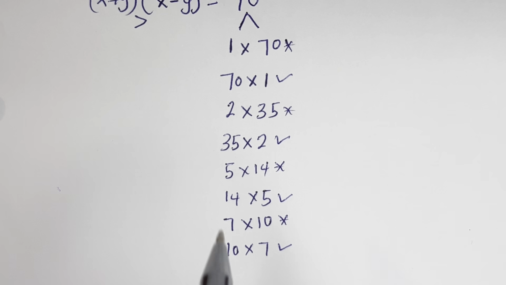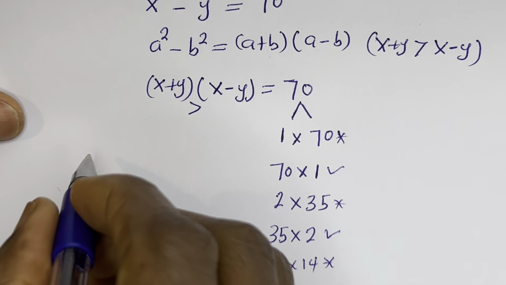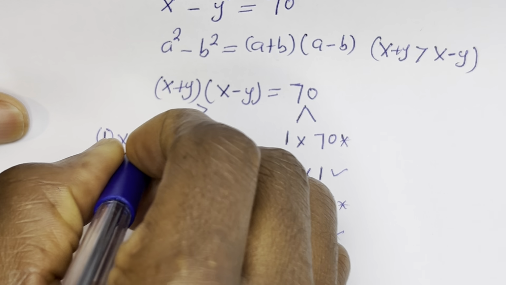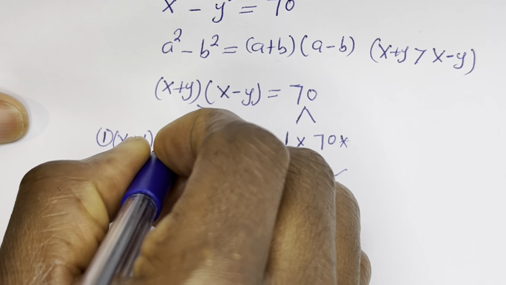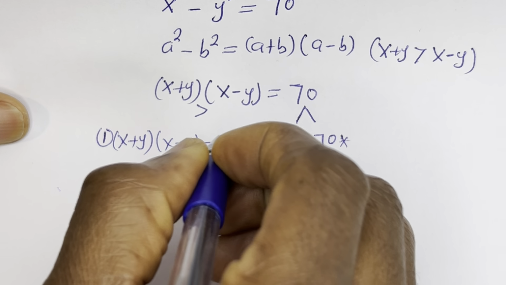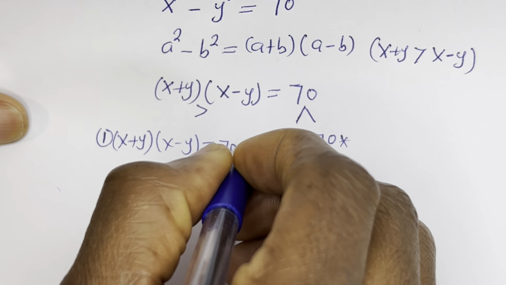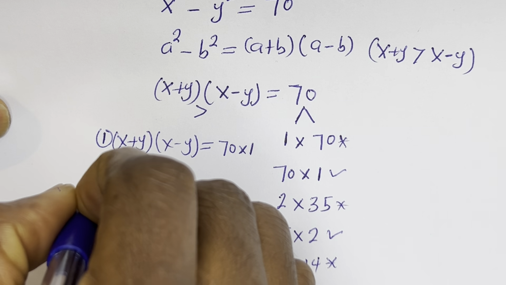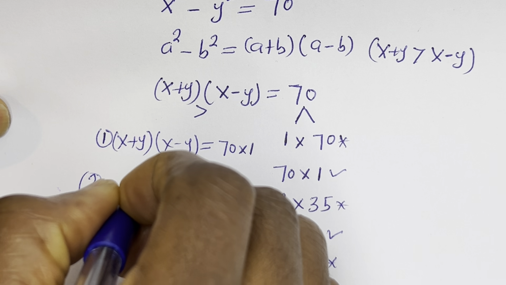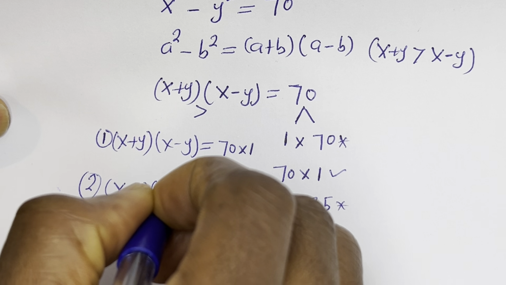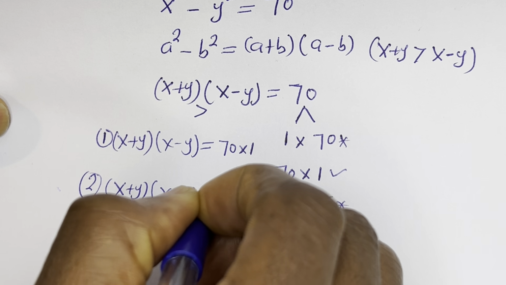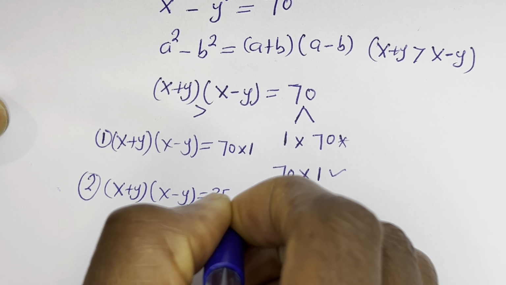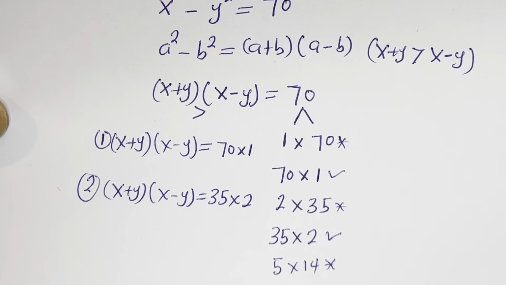1, 2, 3, 4. Now our equation becomes: the first case is (x plus y)(x minus y) is equal to 70 multiplied by 1. The second one is (x plus y)(x minus y) is equal to 35 multiplied by 2.